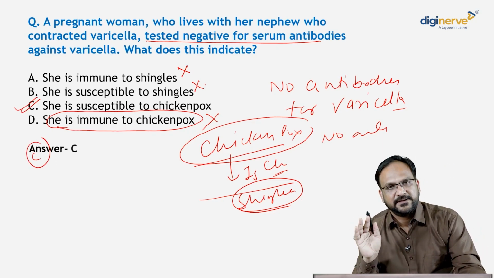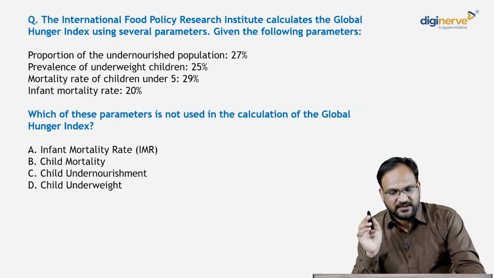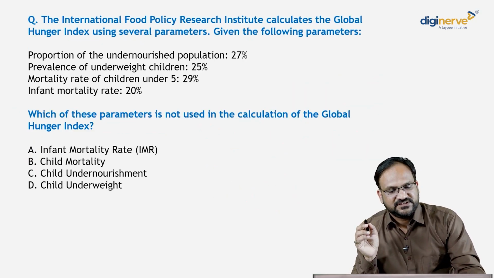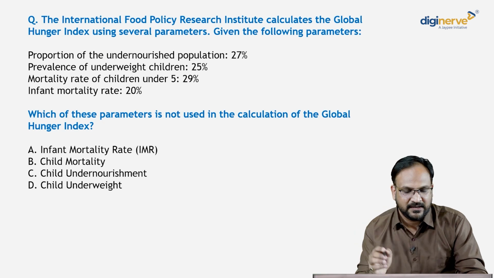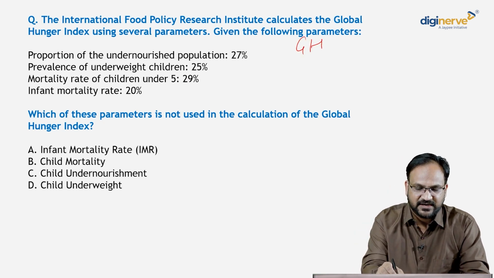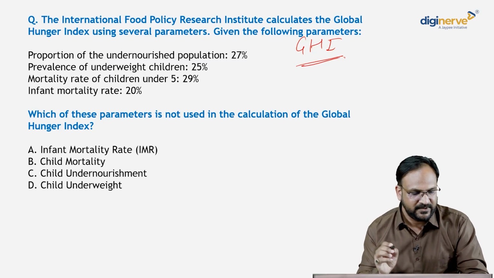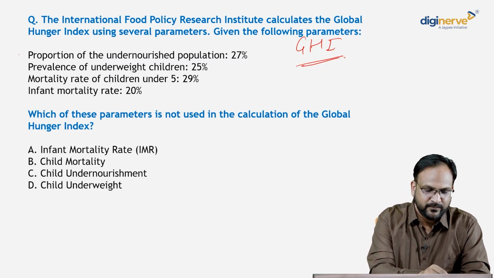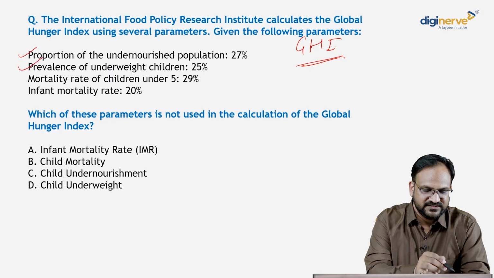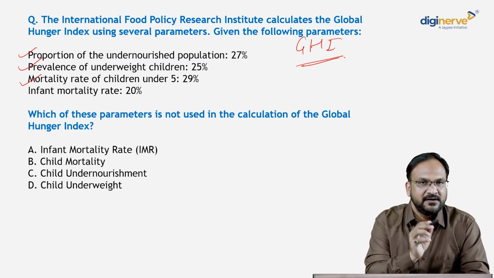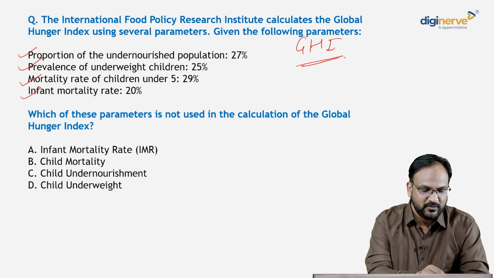Okay, answer is C. Then, the International Food Policy Research Institute calculates the Global Hunger Index, GHI, using several parameters. Given the following parameters: proportion of the undernourished population, prevalence of underweight children, mortality rate for children under 5, and the infant mortality rate.